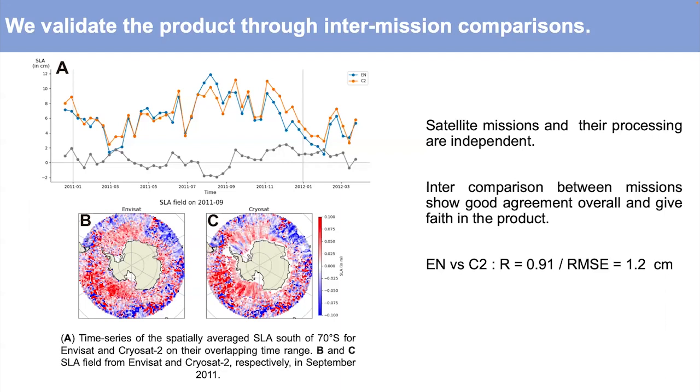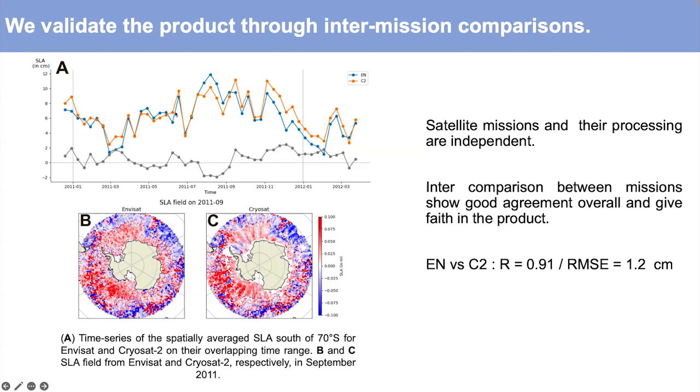So first, as I said, we have 4 different satellite missions. Each satellite mission is independent from another, and their processing is also independent. And so the first way to validate the product is to compare what happens between the missions and see if they agree or not. So this is a first comparison between Envisat and Cryosat on the time span that they share in common, and we have a good correlation between the two time series.